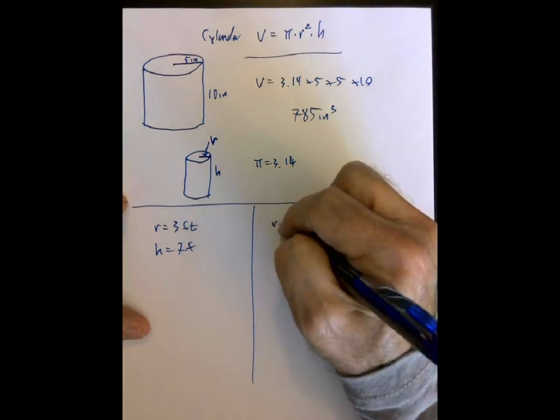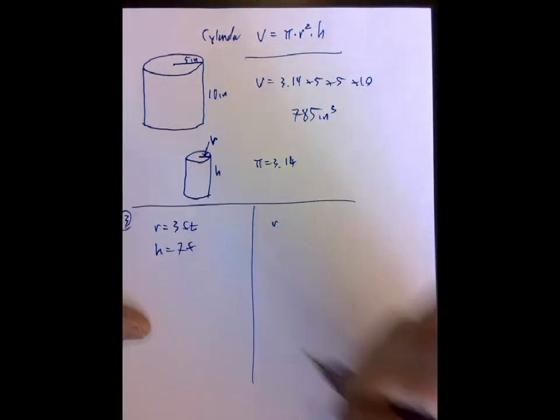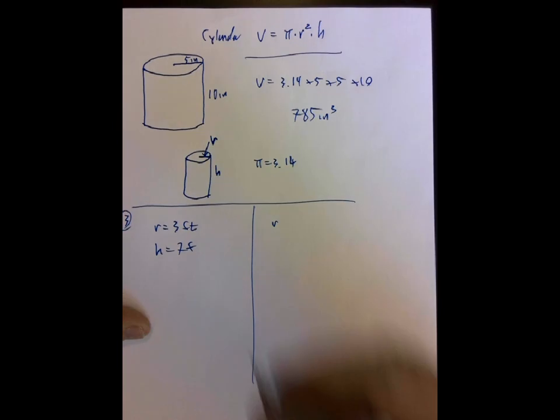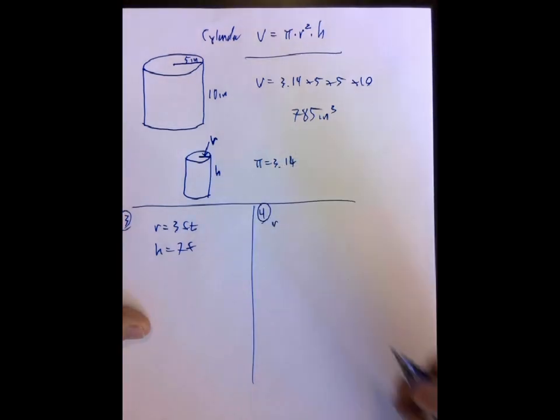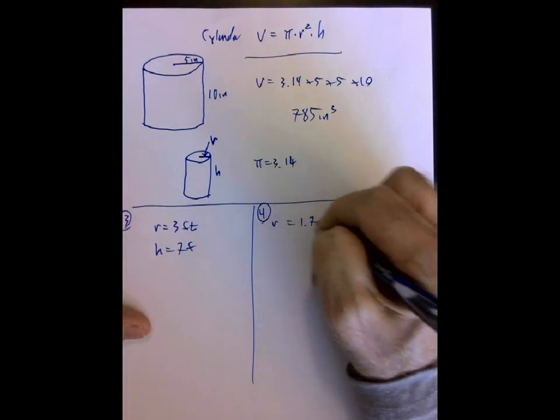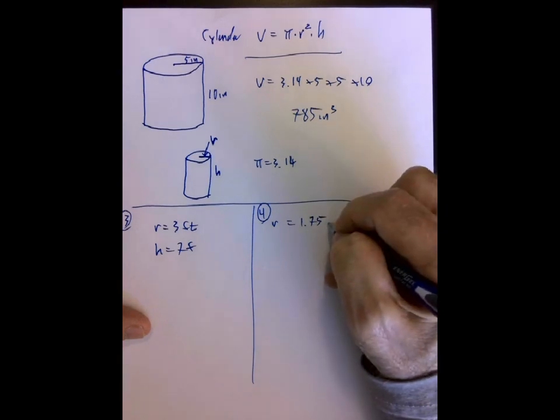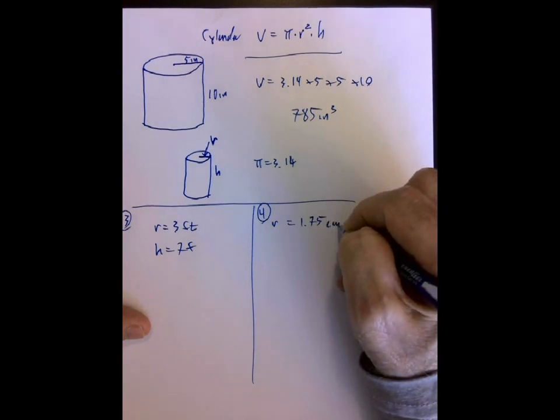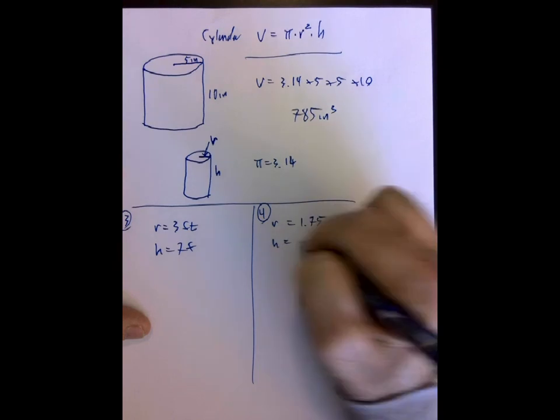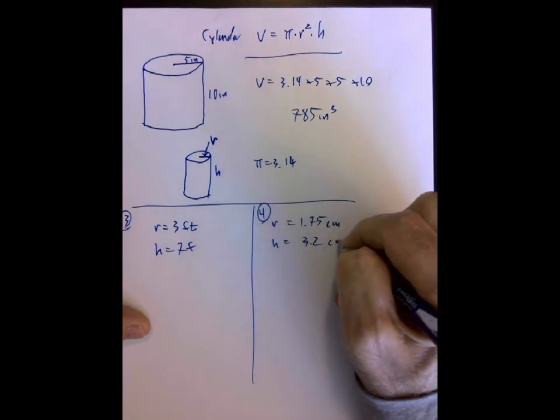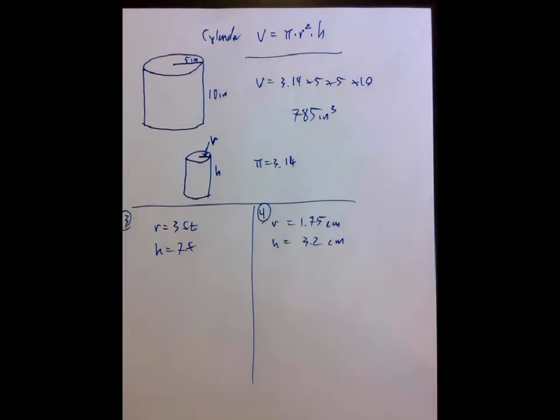And then this is example 3, and this one will be number 4. Let's say the radius is 1.75 centimeters, and the height is equal to 3.2 centimeters. Again, now you're going to hit pause and work on your own to find the volumes of those two cylinders, okay? And then when you're done, start the video up again, and you can check your work.